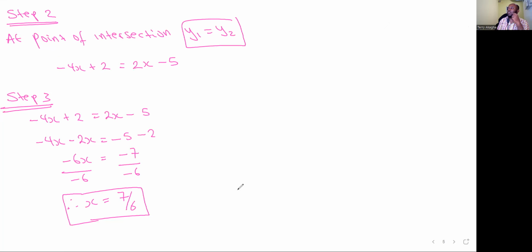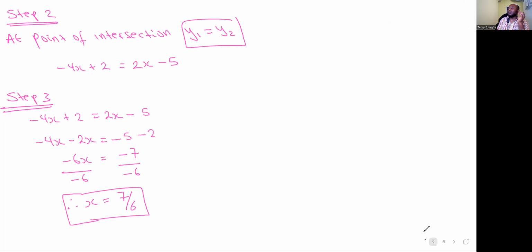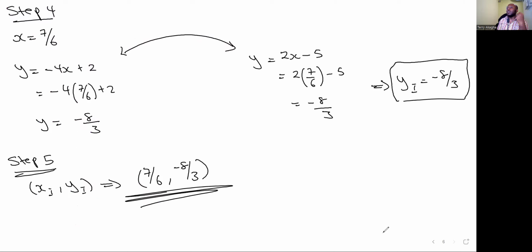Our xi was 7 over 6. And what was our yi? Minus 8 over 3. And that will be the answer for that. Okay? So like we said, just follow the steps. Write down the two equations, equate both of them together, solve for x, substitute to solve for y, and write down the coordinates for that. Okay?